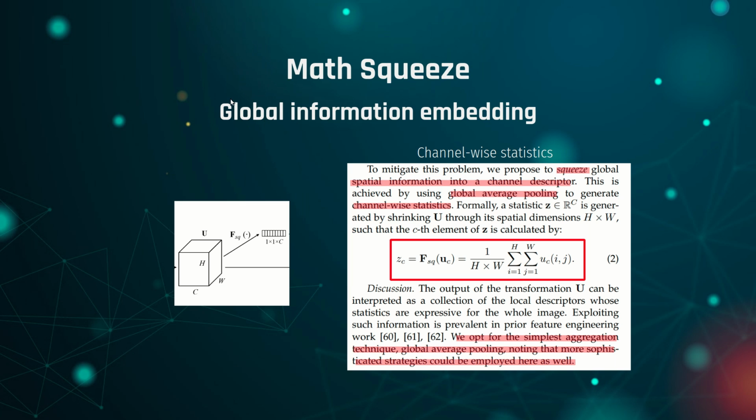And what's the math here, right? Global average pool is quite easy, quite intuitive. And the physical meaning behind it is just a global information embedding, right? Because you have that information originally spread out over your spatial H and W, and then you squeeze it by the average.